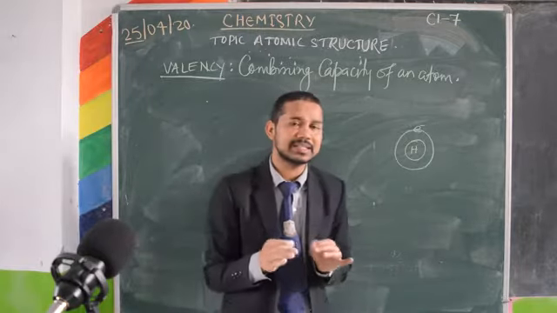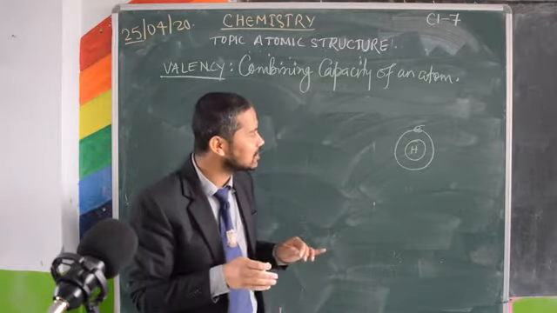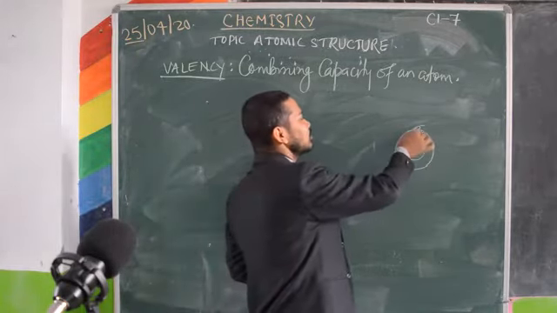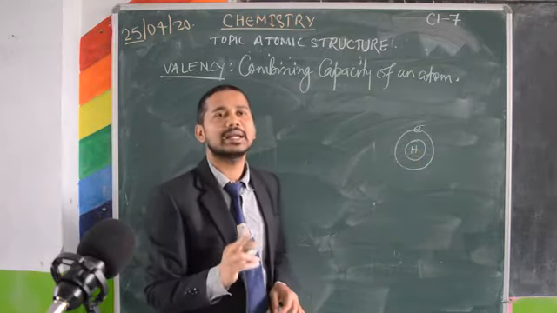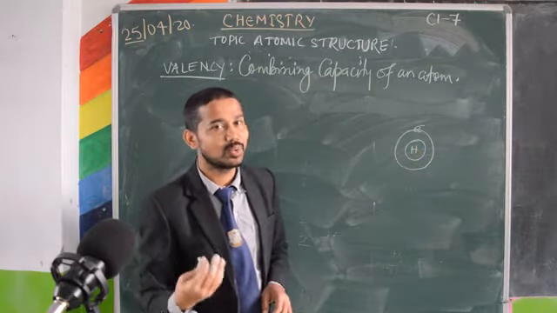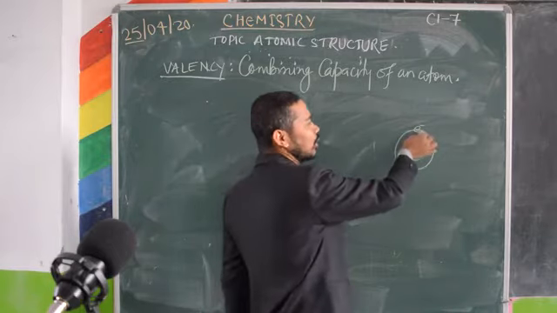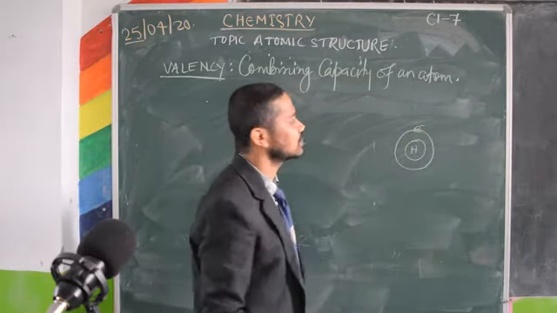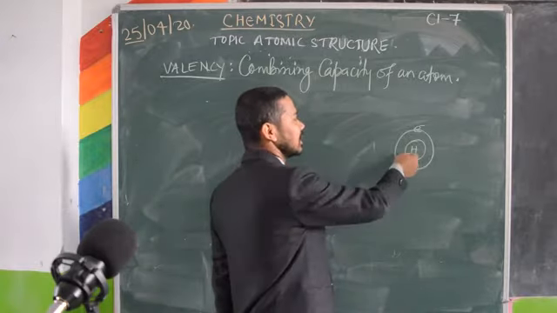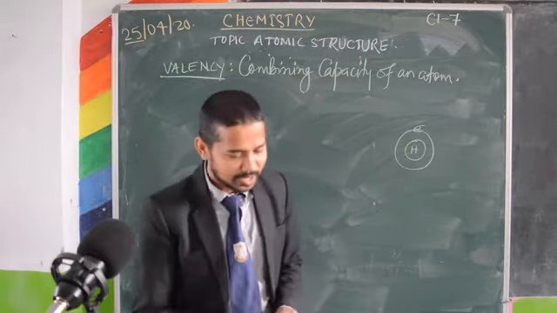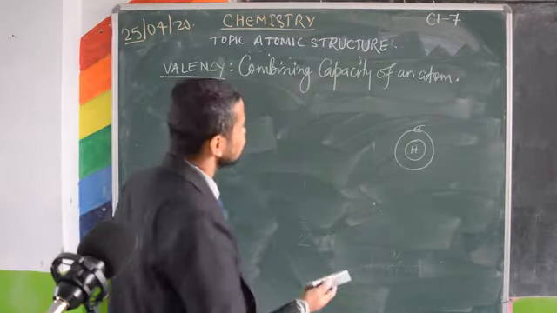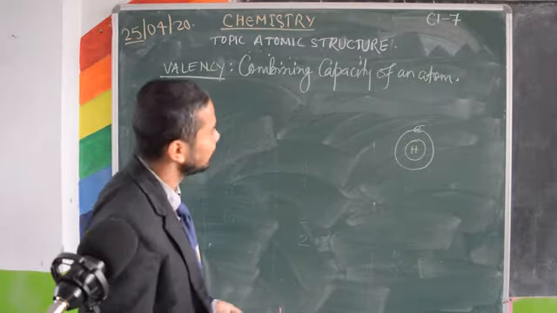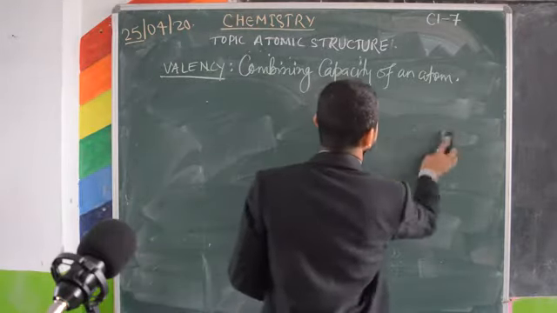So in order to exist independently, or to be stable, hydrogen needs one electron. So this needs one electron, meaning its combining capacity is 1, hence its valency is 1. So valency is the combining capacity of an element.